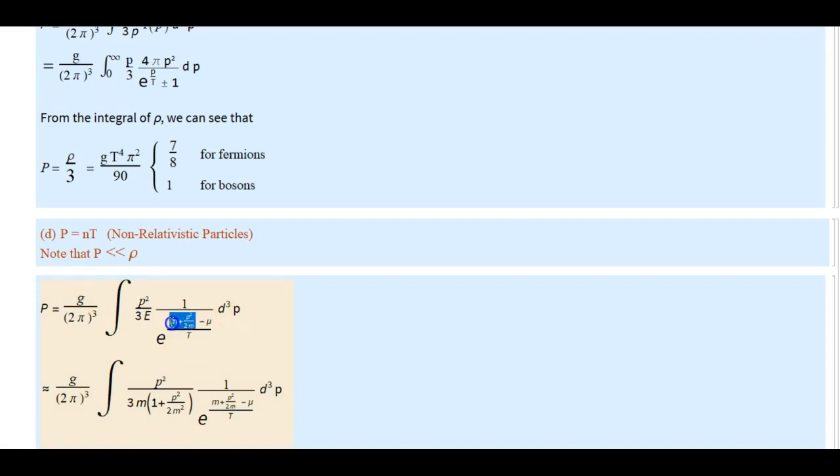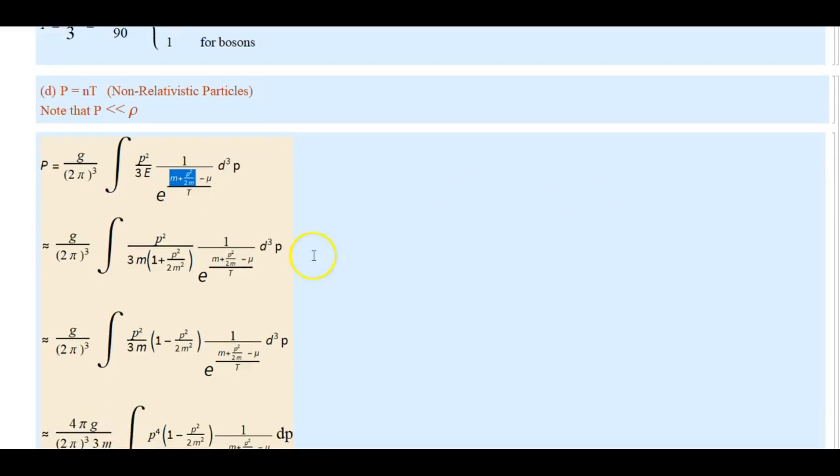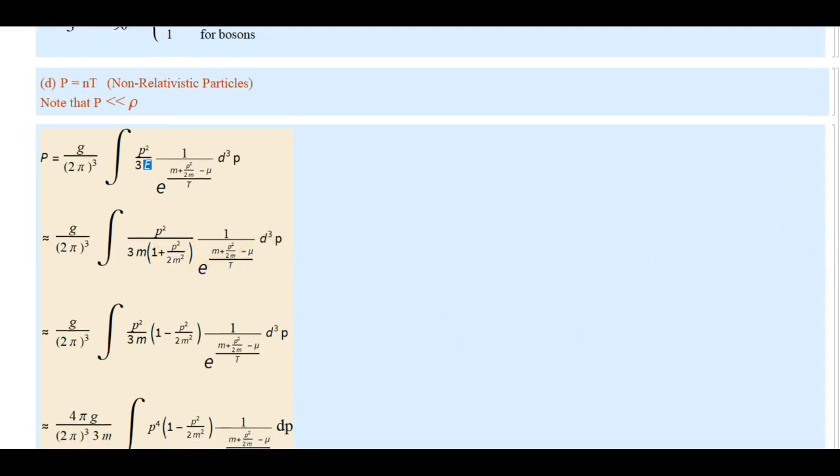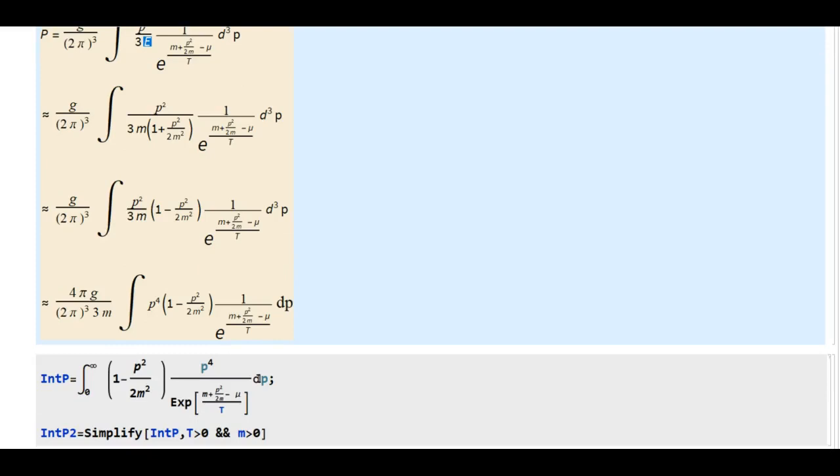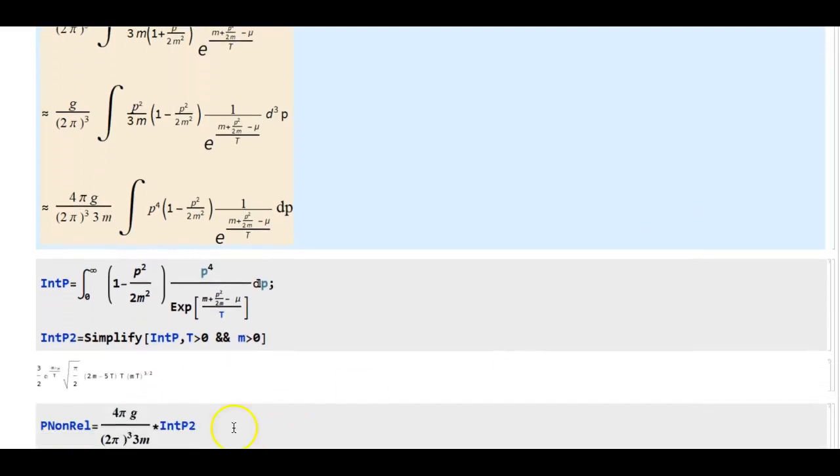We plug in the energy in the non-relativistic regime, m plus p squared over 2m, and d^3p is replaced by 4 pi p squared dp, from 0 to infinity.